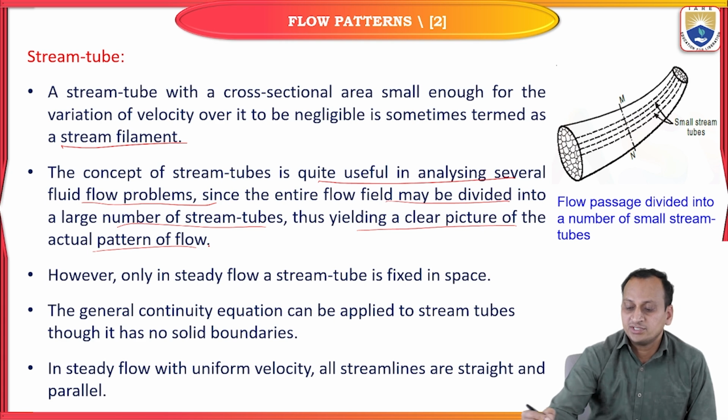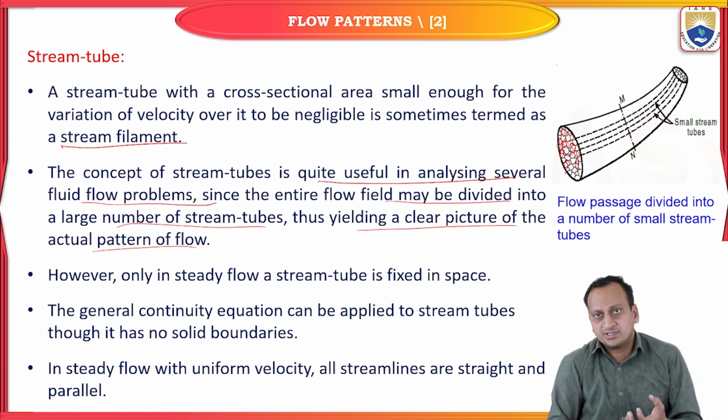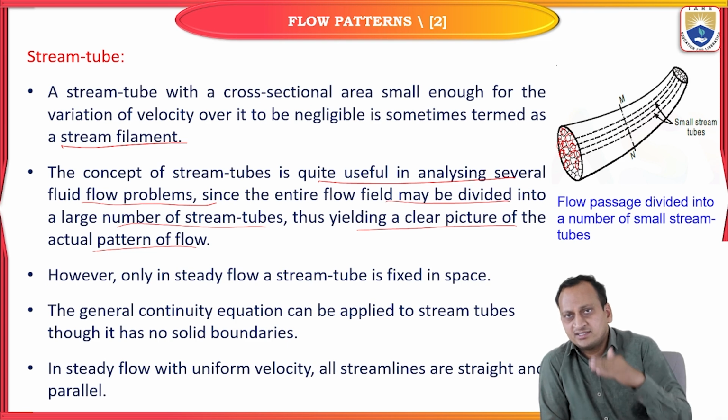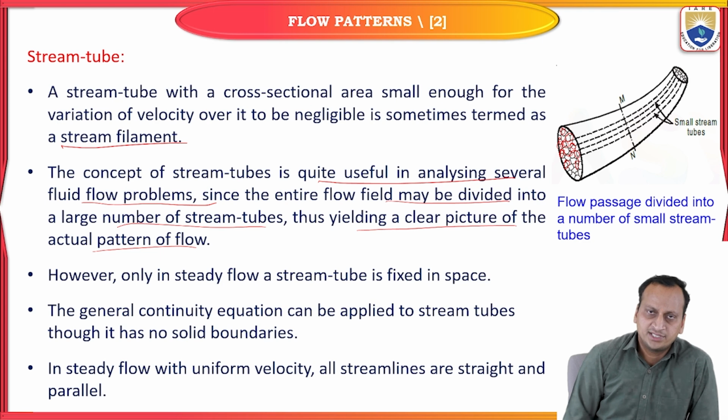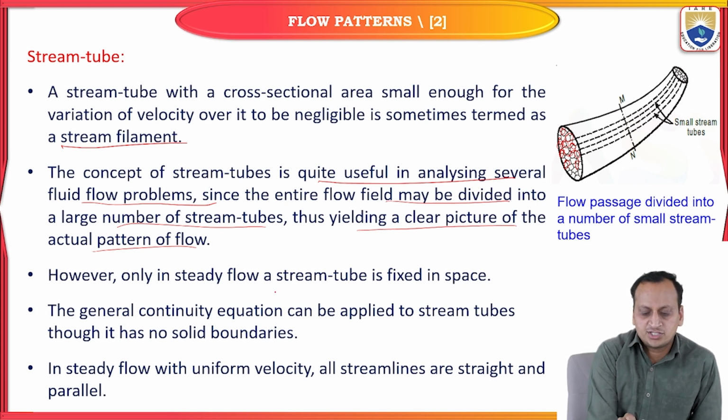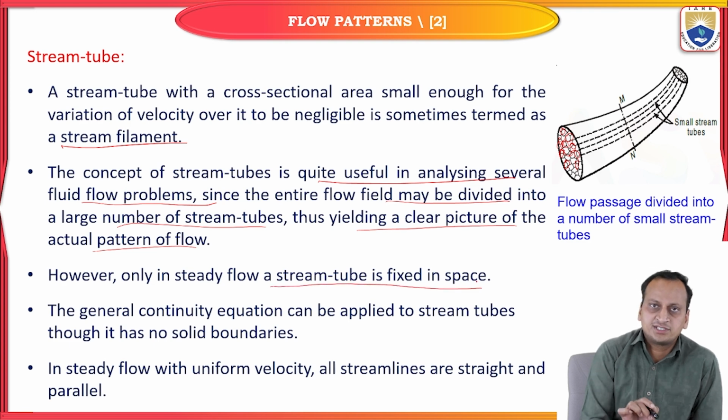Here the stream tube is divided into many areas in order to analyze different stream tubes. One stream tube can be further subdivided, discretized into many parts in order to analyze the flow field. However, only in a steady flow pattern is the stream tube fixed in space. In unsteady flow, it is not fixed in space.